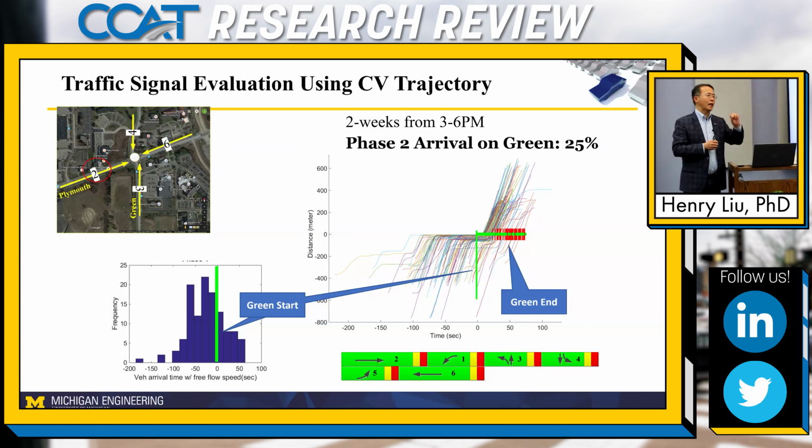Trajectory data, on the other hand, is almost everywhere. If there are vehicles, we can look at the trajectories, and a trajectory has very rich information. They approach the intersection, they stop 100 feet from the stop bar, stop for like 30 seconds, and then they leave.